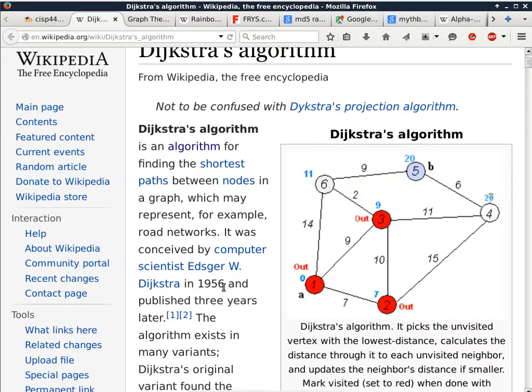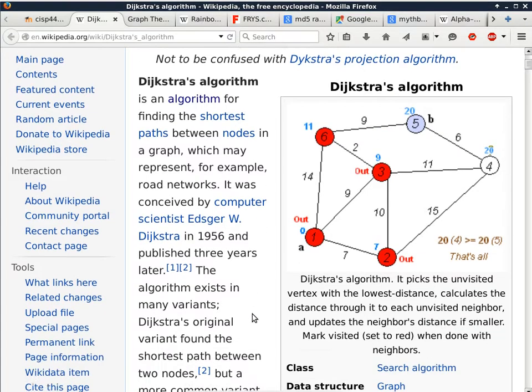A node is the same thing as a vertex in this class. So we're talking about finding the shortest path between two vertices in a graph, which may represent, for instance, a road network. It was conceived by computer scientist Edgar W. Dijkstra in 1956 and published 3 years later. I think that is shortly after Alan Turing died, or at least allegedly committed suicide.